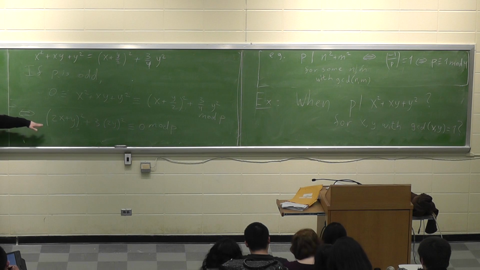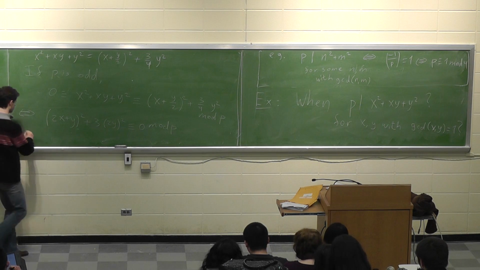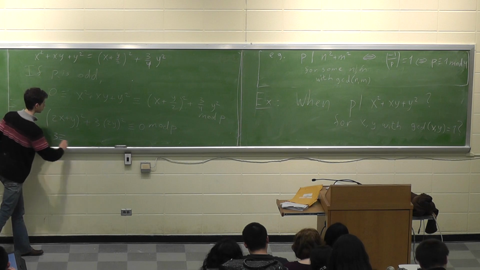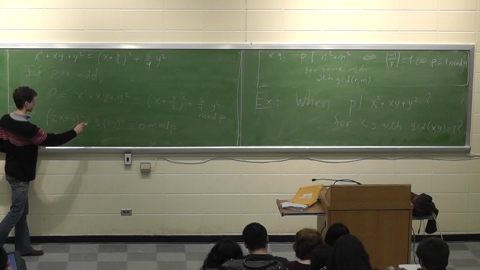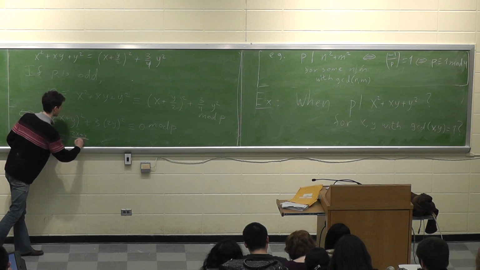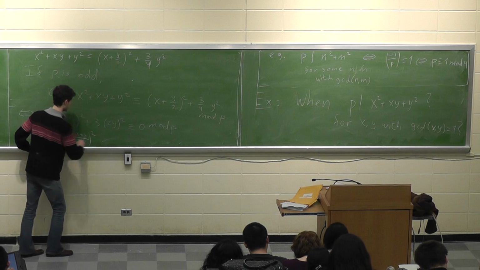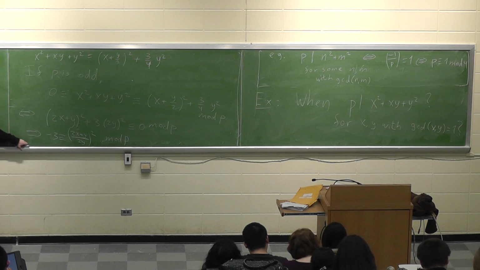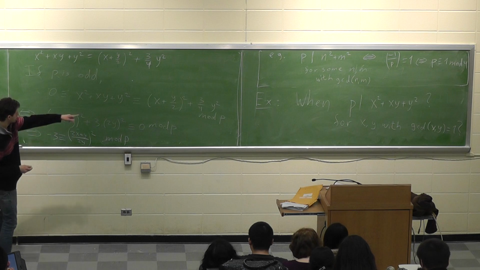And now I see that minus 3 is a square. So hence minus 3 is congruent to (2x plus y) squared over y squared modulo p. Why did it become 2y? Good. Oh, it already had all that.